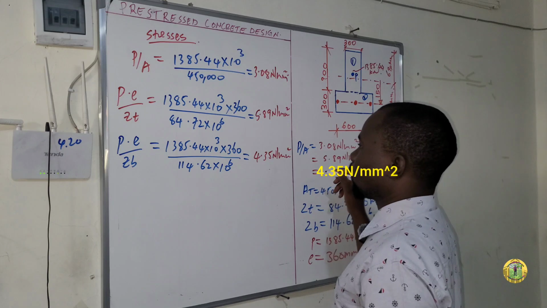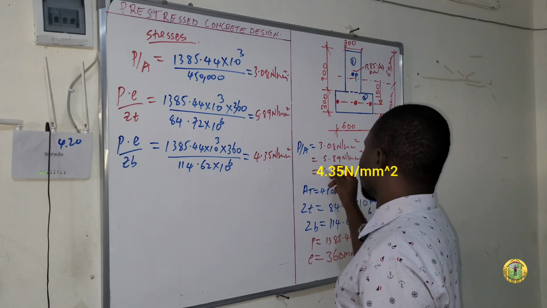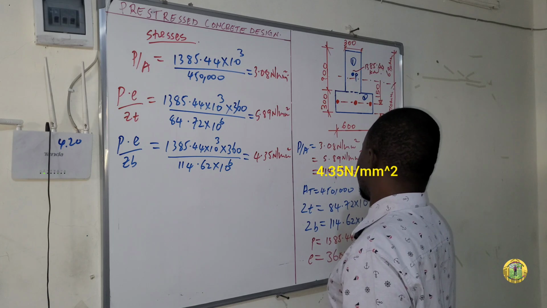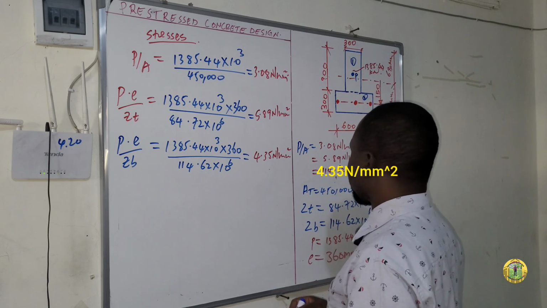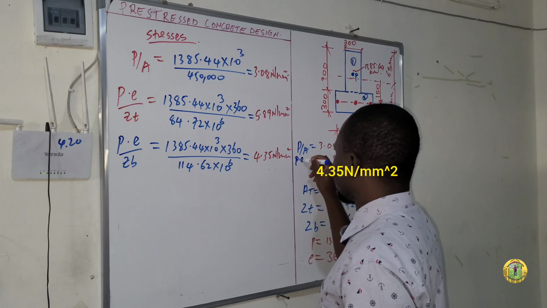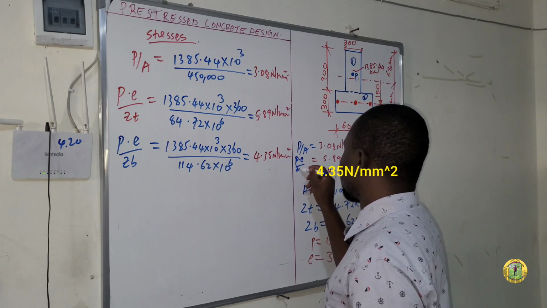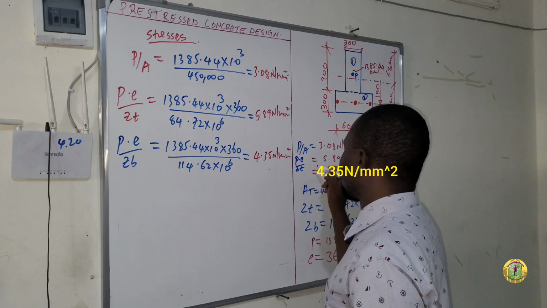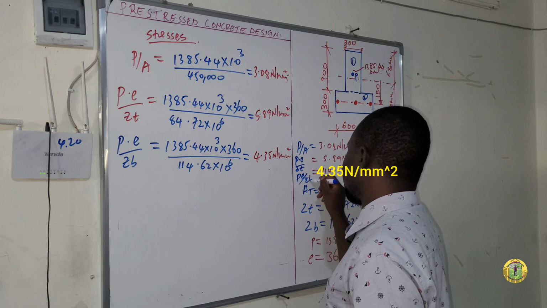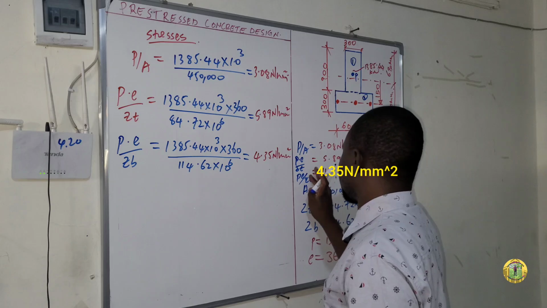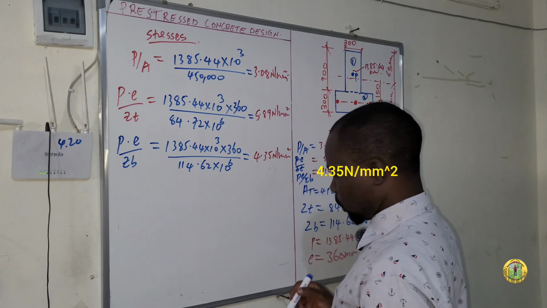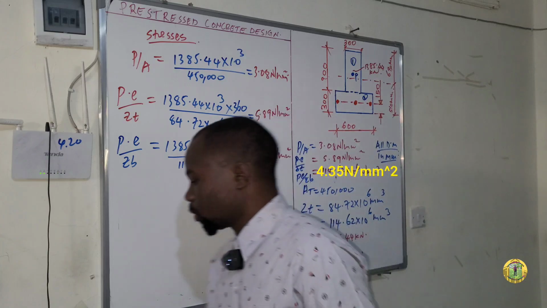Then we have PE over Z bottom, 4.35 Newton per millimeter square. So this is PE over Z top, then PE over Z bottom, like that. So allow me to clean here.